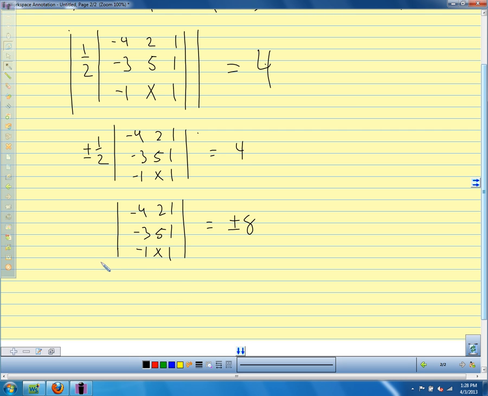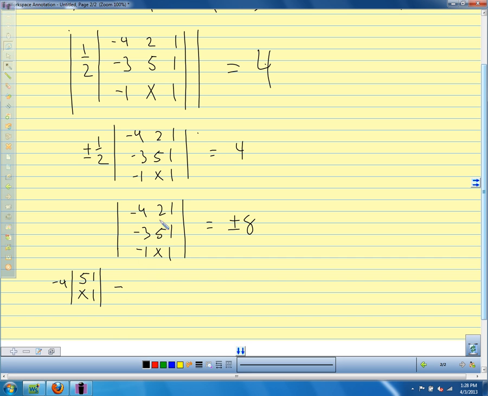To find this determinant, I'm going to take the -4. I'm going to look at this first row. -4 times the determinant I get when I cross out the top row and the first column. So the determinant I get when I cross that column and that row out is 5 times 1, minus x times 1. My second number is always negative.